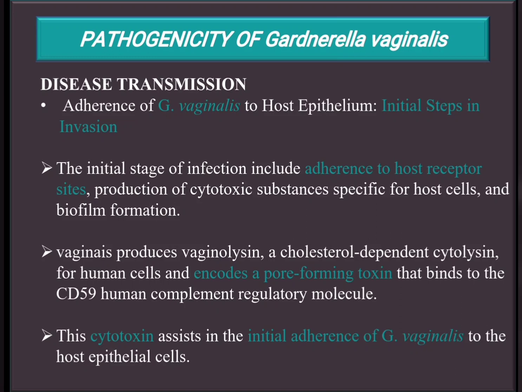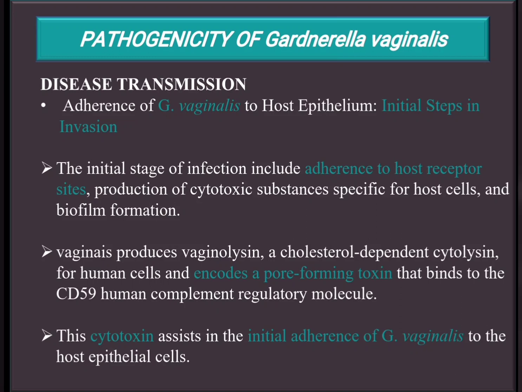Pathogenicity of Gardnerella vaginalis. Disease transmission: adherence of G. vaginalis to the host epithelium, initial steps in invasion. The initial stage of infection includes adherence to the host receptor site, production of cytotoxic substances specific for host cells, and biofilm formation.